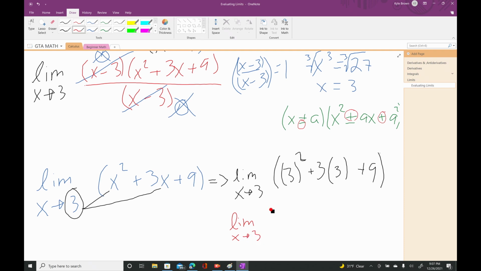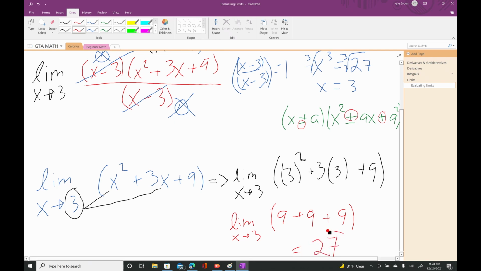Three squared, as we said earlier, is 9. So we got 9, and then 3 times 3 is 9. And we got another 9. 9 plus 9 is 18. Plus another 9 is 27. So we can just simplify it and go, oh, the answer is actually 27.